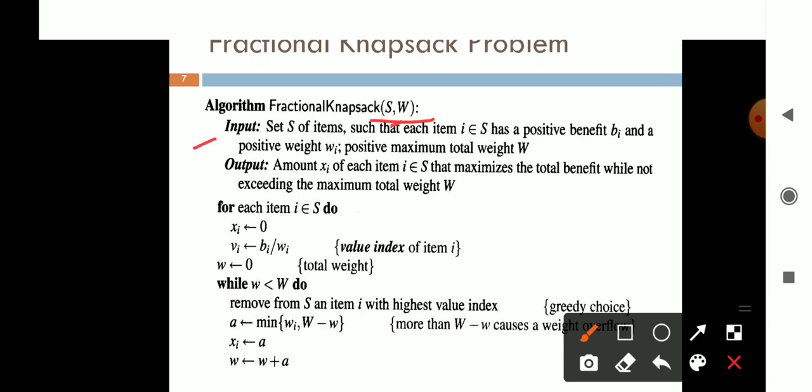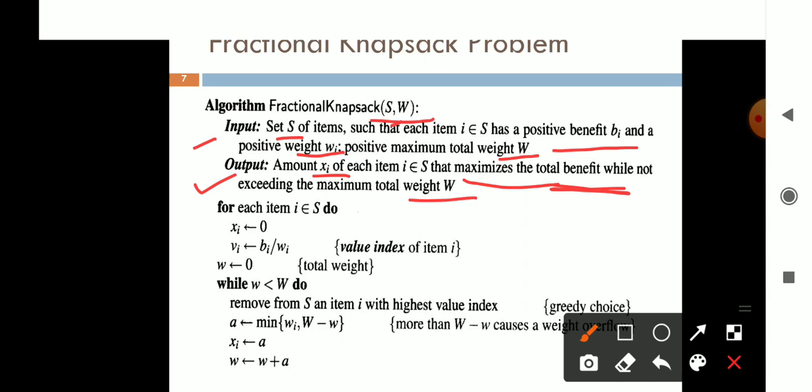The input is the set S of items, where each item has a positive benefit Bi and a positive weight Wi, and the maximum capacity is W. Now the output is the amount Xi such that it maximizes the total benefit. We need more profit than from this solution, but it should not exceed the weight of the bag, the knapsack.